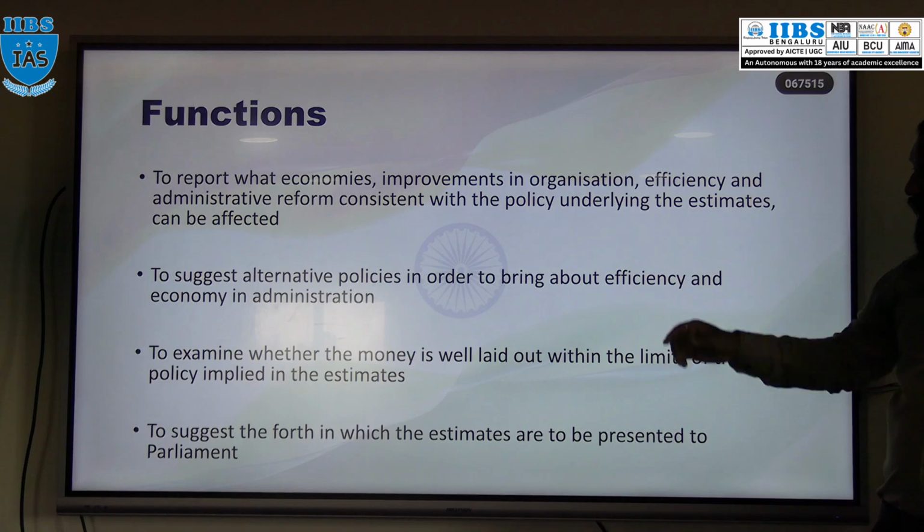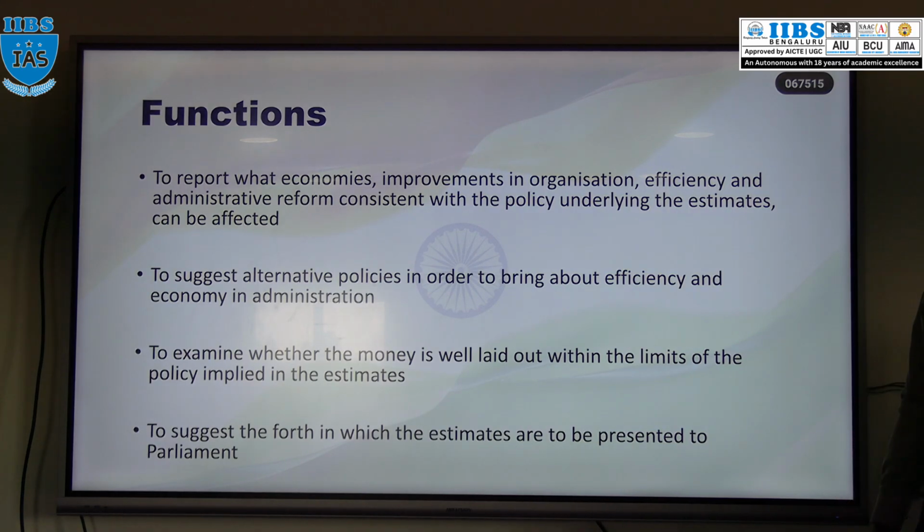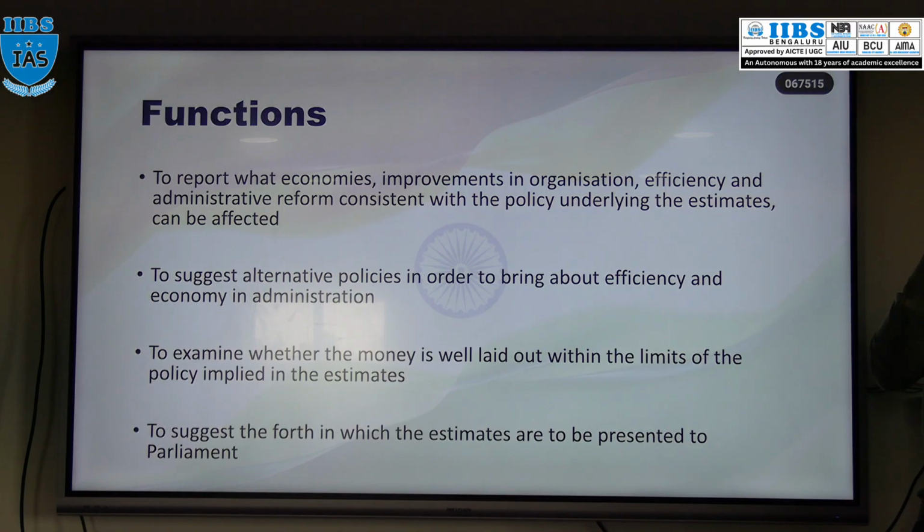Apart from that, it also suggests economic reforms, improvement in organizational efficiency, and administrative reforms at the central level, so that whatever estimations are there can be effective.